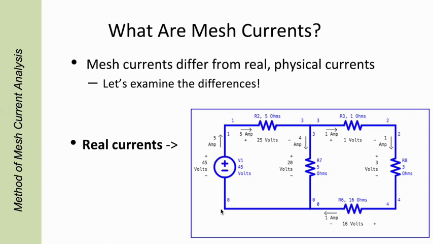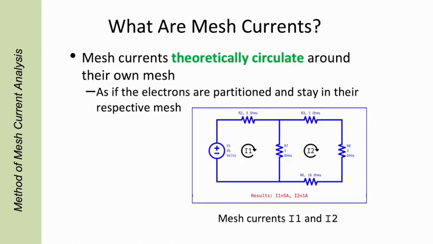Here you see an example, simple circuit, and the currents that are shown here are real currents, 5 up, 5 over, 4 down, 1 across, and so forth. Mesh currents theoretically circulate around only one mesh. So here's mesh current I1. The designation here is showing that it's circulating in the clockwise direction.